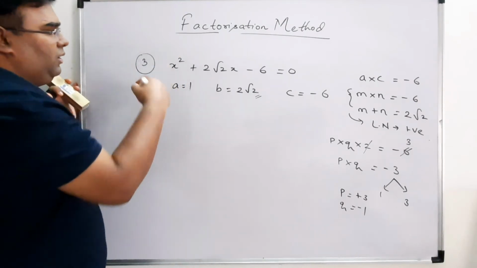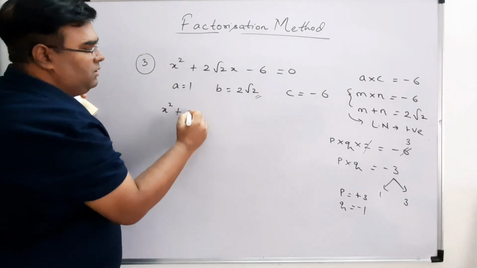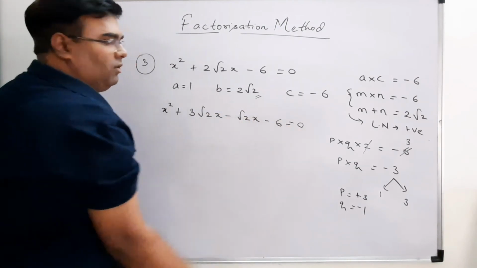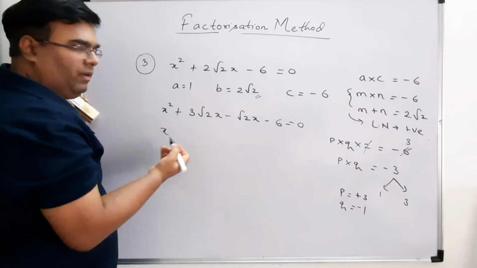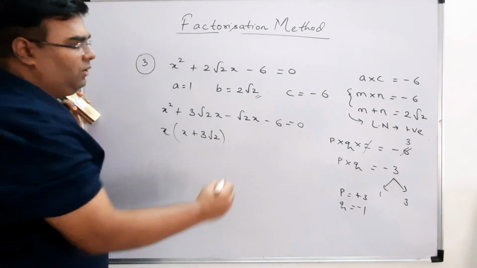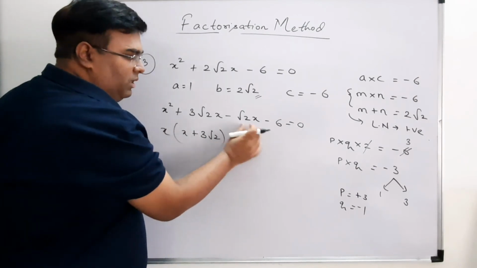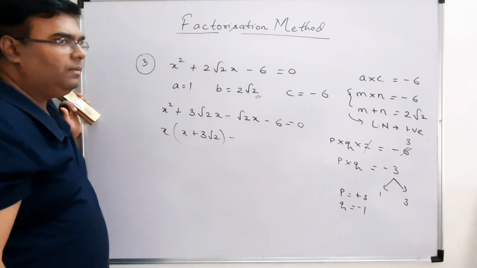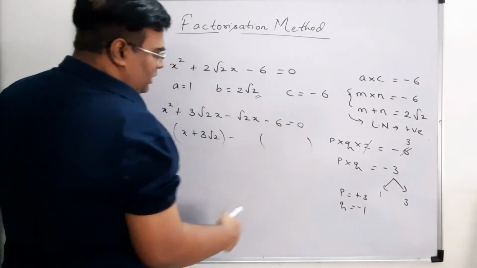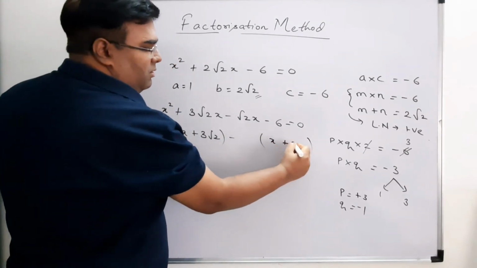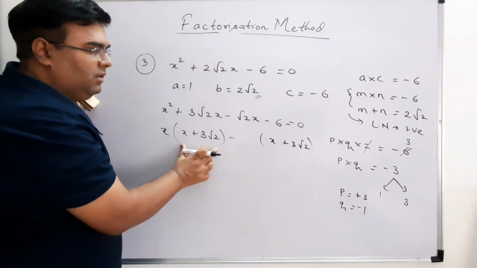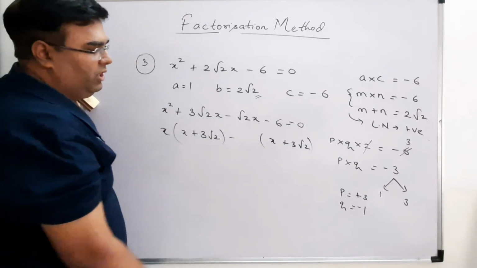We know that we can now write x square plus 3 root 2x minus root 2x minus 6 is equal to 0. From here we have got x common, so x plus 3 root 2, right? Now what to take common from here, because here root 2 is there and 6 is there, so lots of students find it difficult. So the idea is, what you do, you just write this term in the bracket, x plus 3 root 2, and just check the first number.